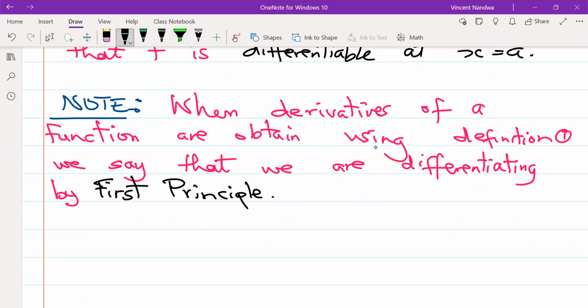Before doing any specific example on how to carry out derivatives, we're also going to define what we call the tangent line to a curve.